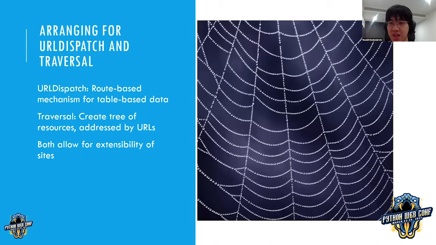So two things that I want to mention in particular as services that are crucial to Pyramid are URL dispatch and traversal. URL dispatch is a route-based mechanism for table-based data, which I believe a lot of people will find very useful in building their applications. It provides a simple way to map URLs through a simple pattern matching language.